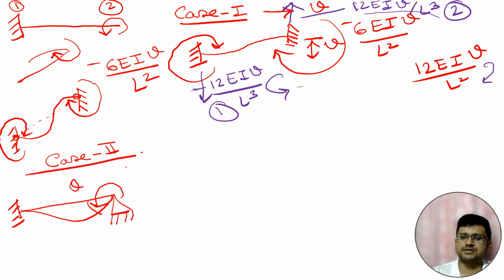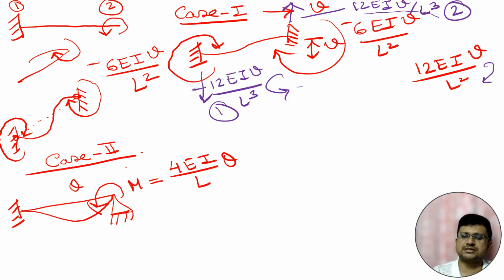So we are changing the fixed support to a hinge support, because now we are trying to add a particular amount of rotation which is theta. So now if we provide the value of rotation which is theta, then what will be the moment at this particular node? The moment will be 4 EI by L into theta.